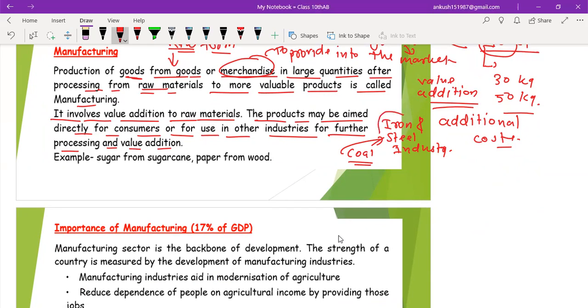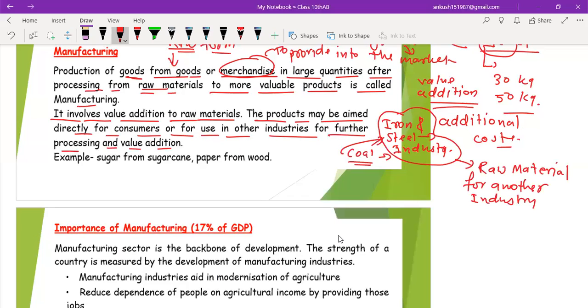For that manufacturing unit or industry, iron and steel is the finished good extracted from coal. But this iron and steel may be used as raw material for another industry, for example, railways.